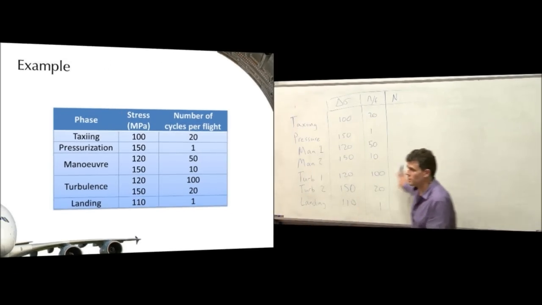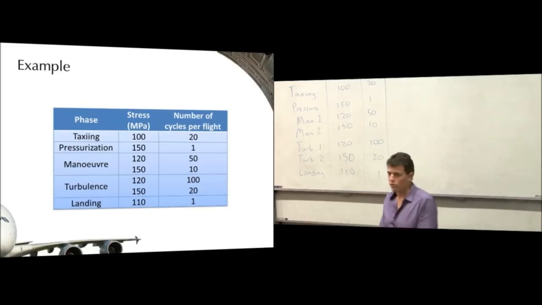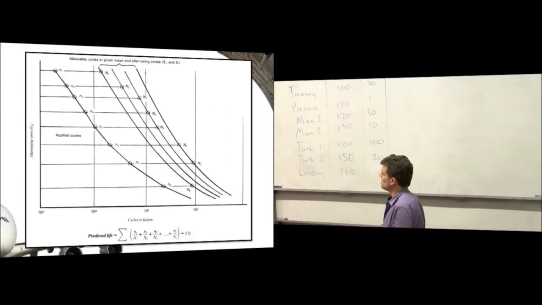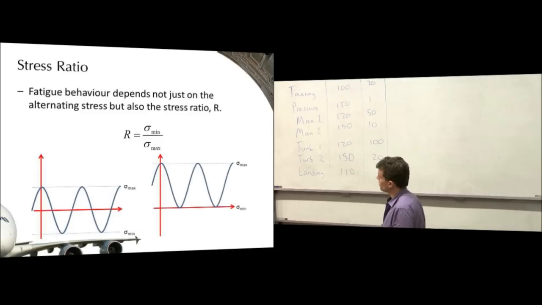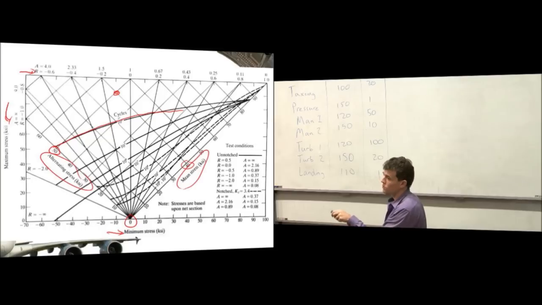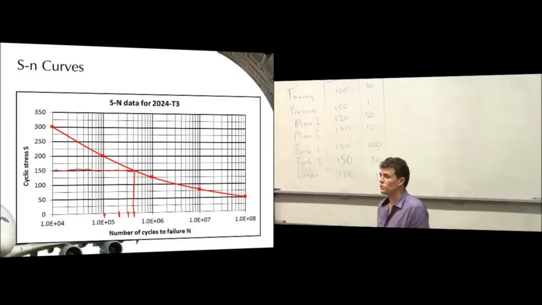I've replicated it here on the board, so I don't need to keep it up on the screen. I won't go through the whole calculation process, but I'll give you an example of how to use it. If we look back to our data, we could use this kind of complicated data, which one of the tute questions asked you to do. In this case, we're just going to use this simple data.